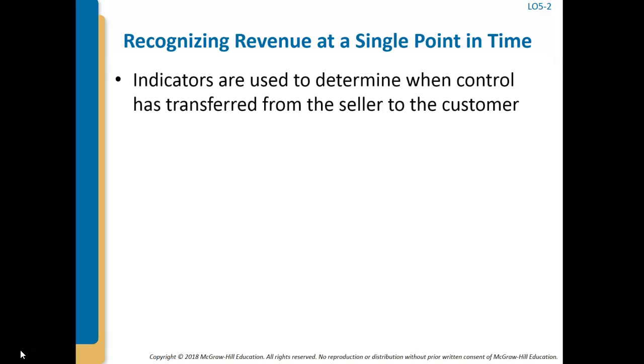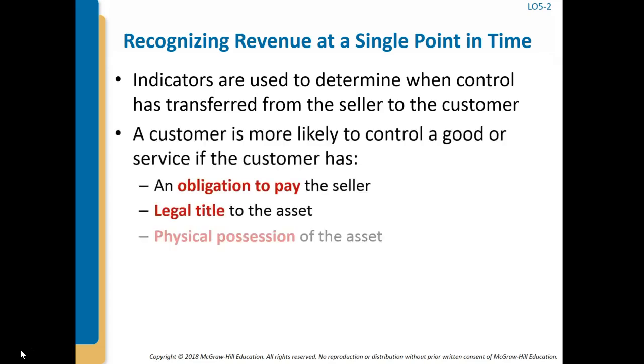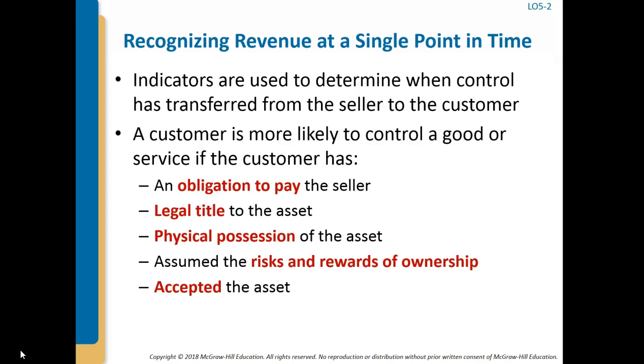Let's first consider recognition of revenue at a single point in time. We consider transfer of goods or services to have occurred when the customer has control of the goods or services.